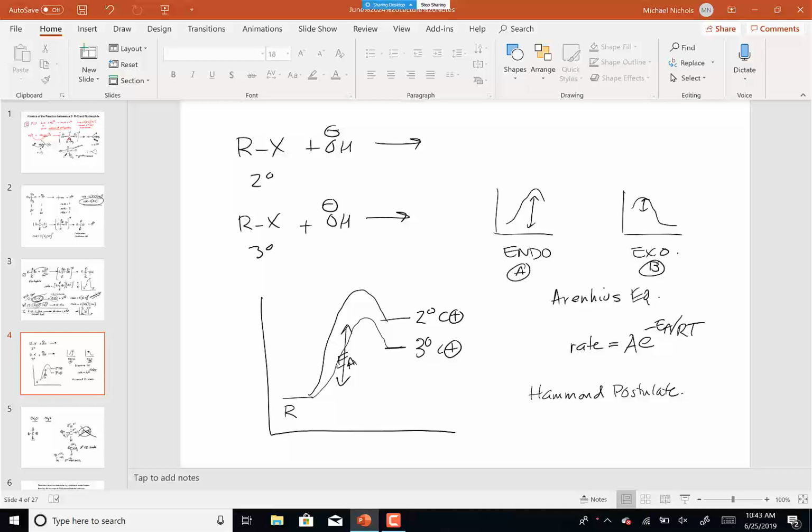So let me erase my activation energy here, and I'll redraw the tertiary. So which one of those carbocations is going to be formed fastest? Secondary or tertiary? Tertiary.